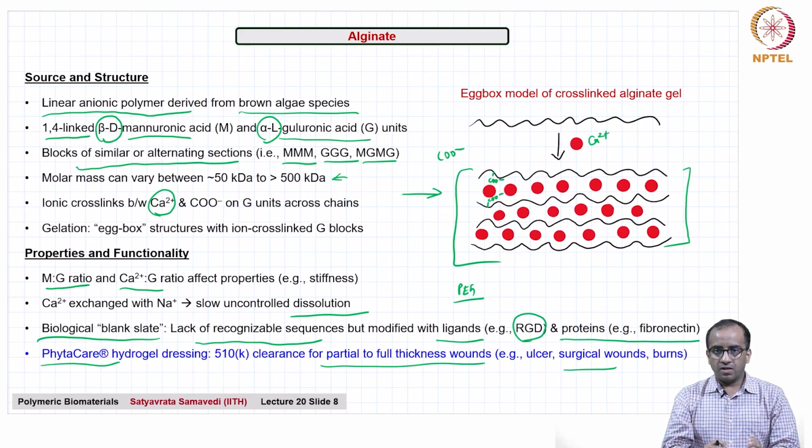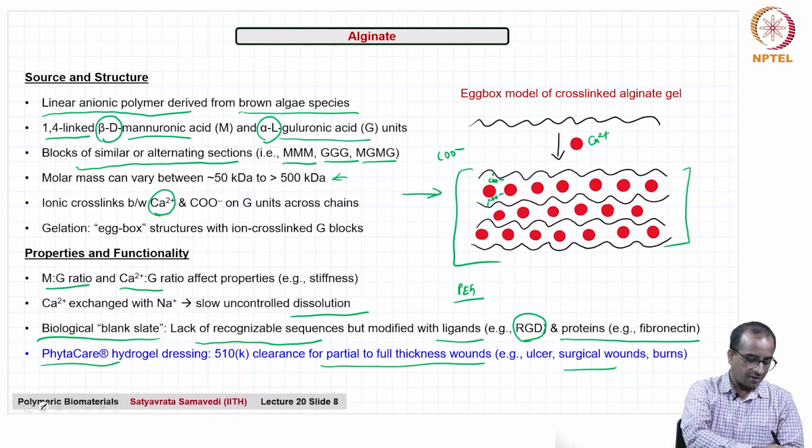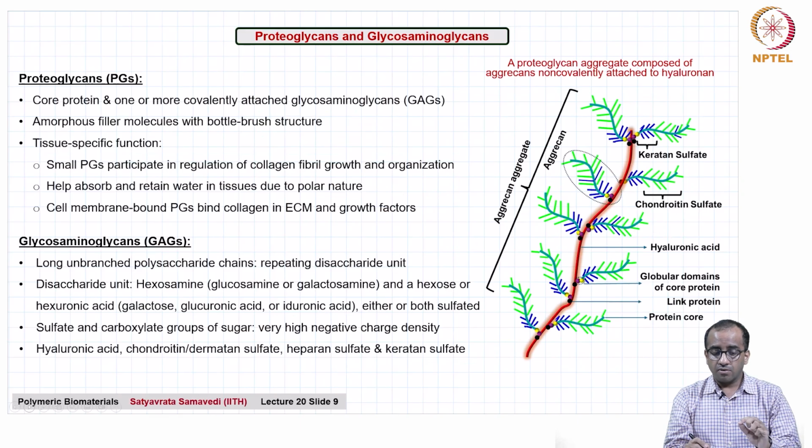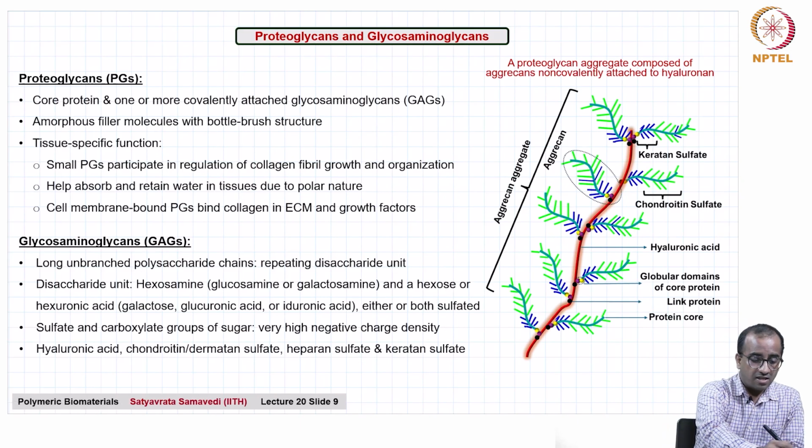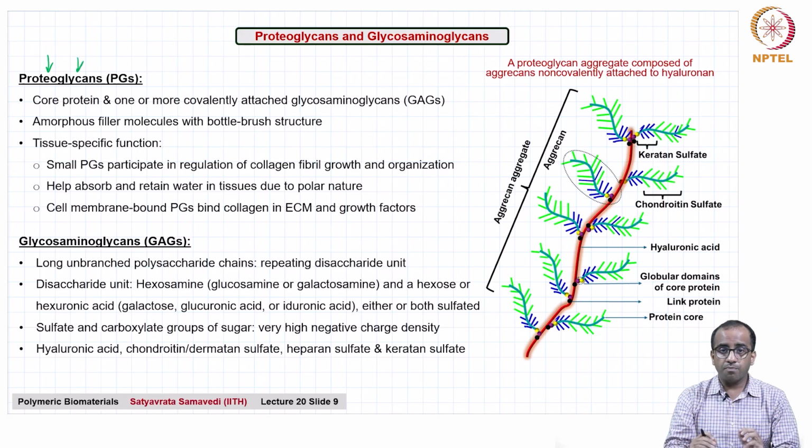Now, we will look at one particular class of again charged polymers, natural polymers, but they have two different functionalities. These are proteoglycans, but they have both a protein group and a glycosaminoglycan group attached to it.